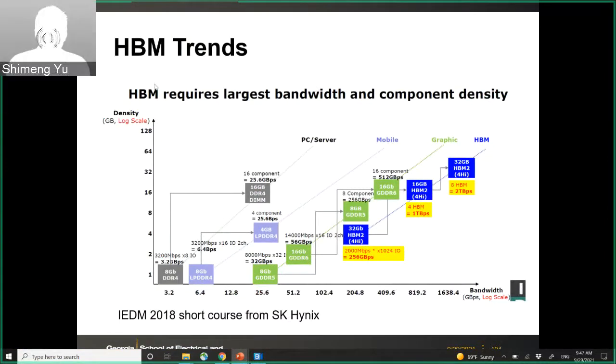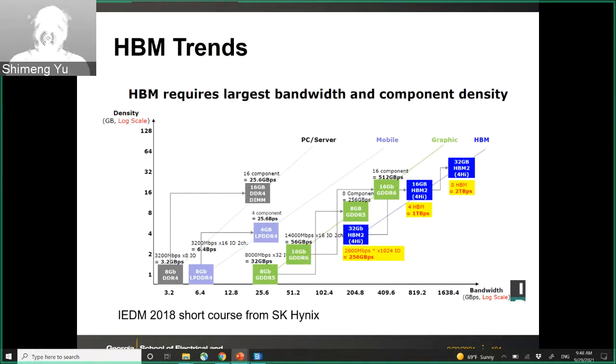Okay, so the HBM right now, of course, is the most promising technology for moving the DRAM to the next level in terms of bandwidth and density.